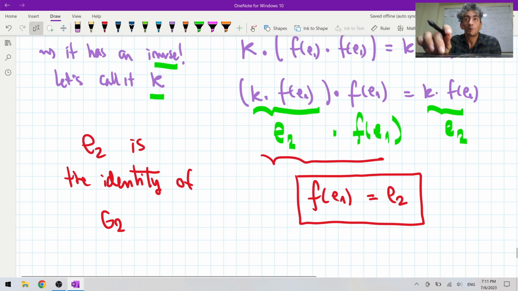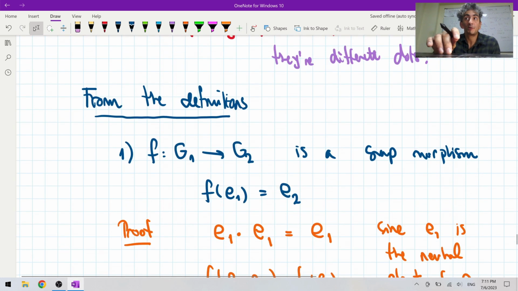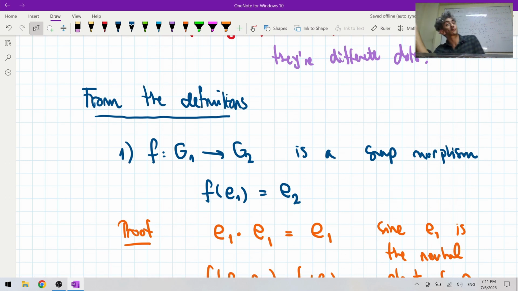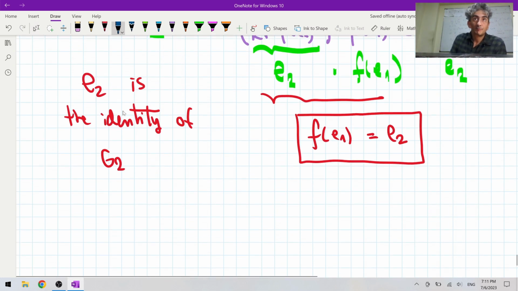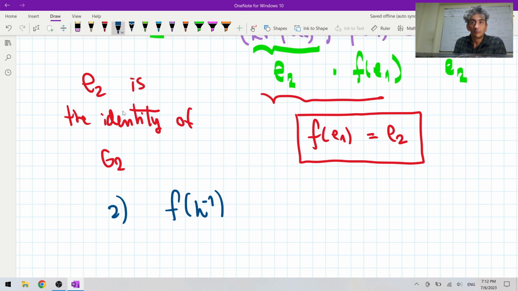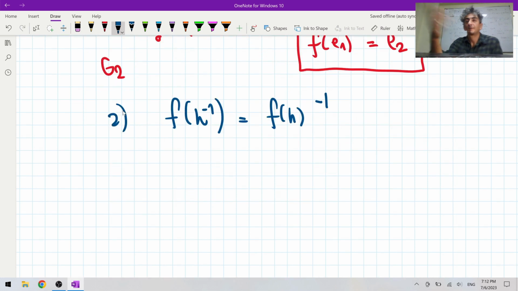So for a function to be a group morphism, it needs to take neutral element to neutral element. Second, it also behaves well under inverses, right? f of the inverse of an element h needs to be the inverse of f of h. This is also easy to show.